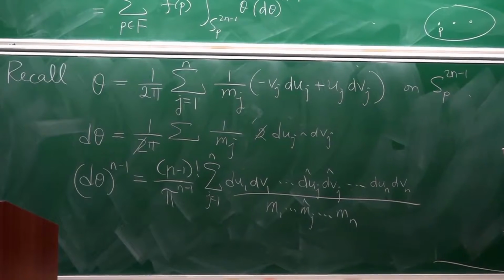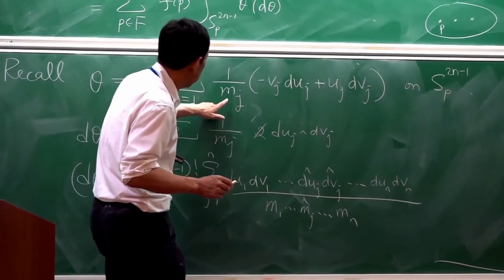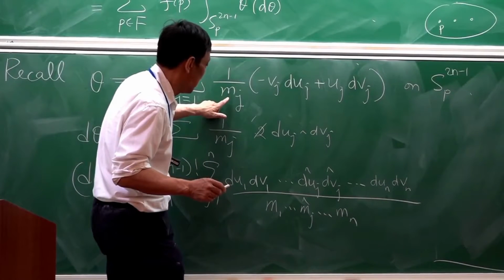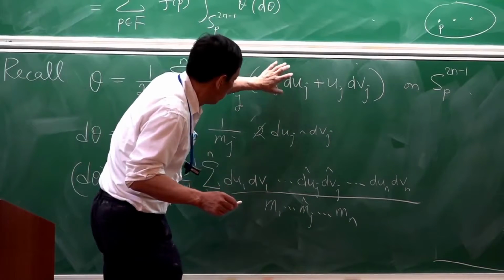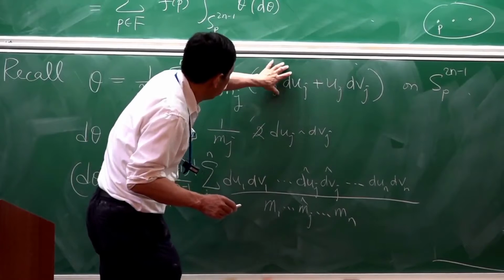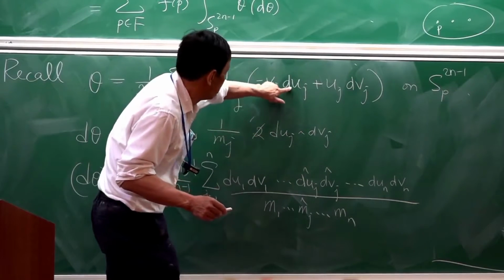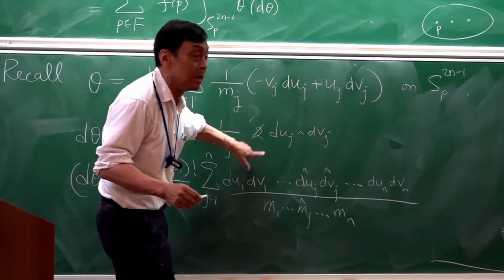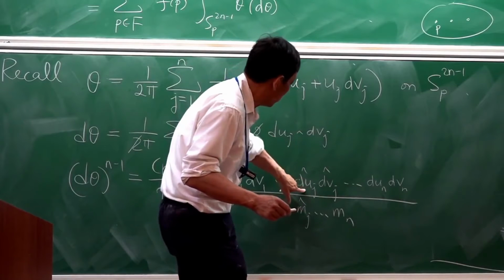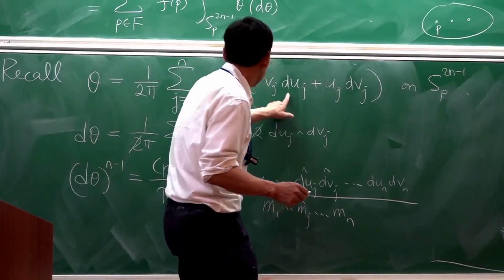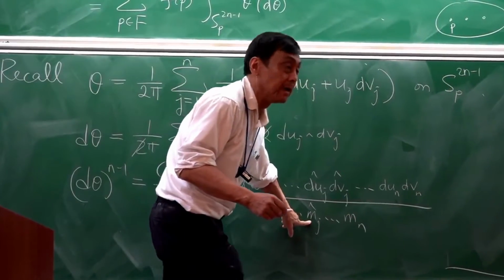Okay? And then you see, this multiplied by this usually will give you 0 because there's a repetition. So the only time it's not 0 is when you have a duj and you don't have a duj. In that case, this mj is going to fill that in.